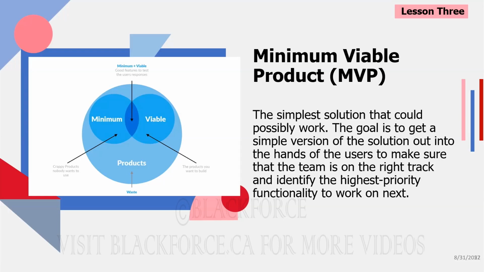The other thing the minimum viable product helps you with is that you're able to then move on to the next most important thing. In IT project management, as a BA, you always have to think about minimum viable product.